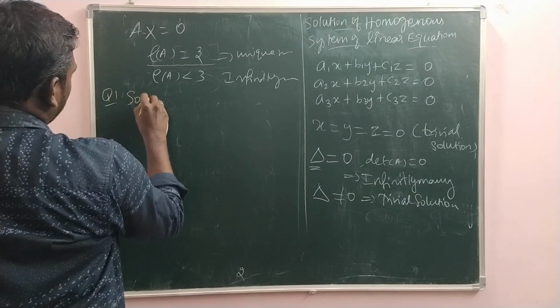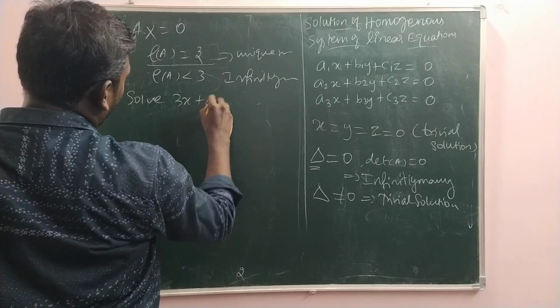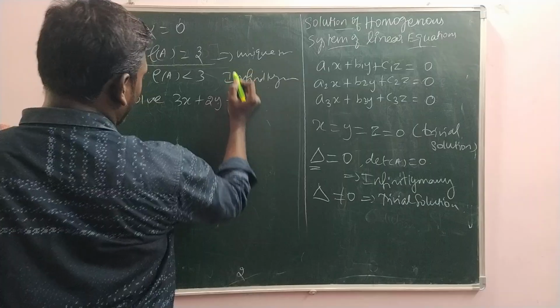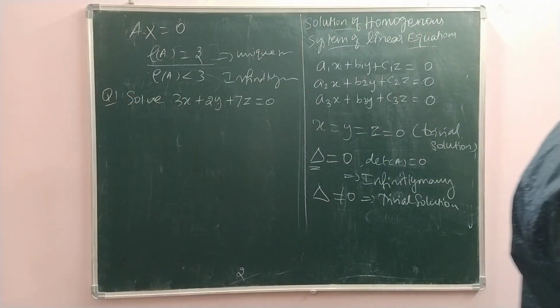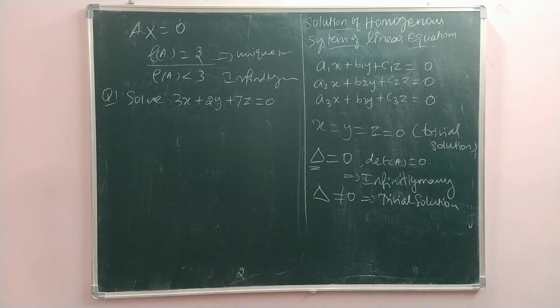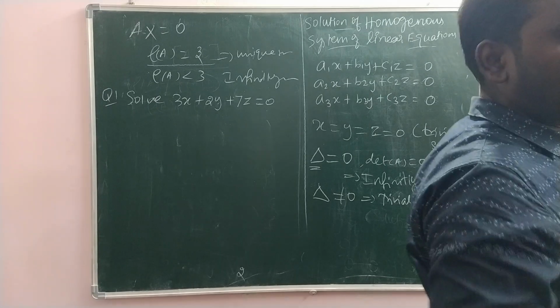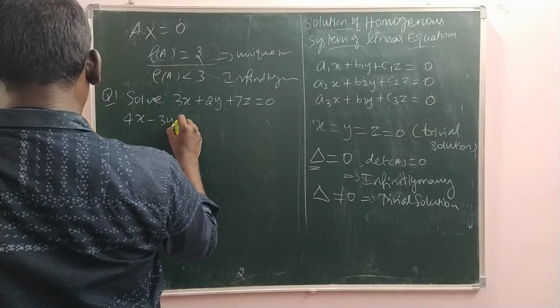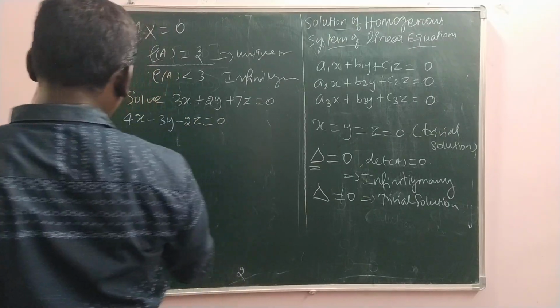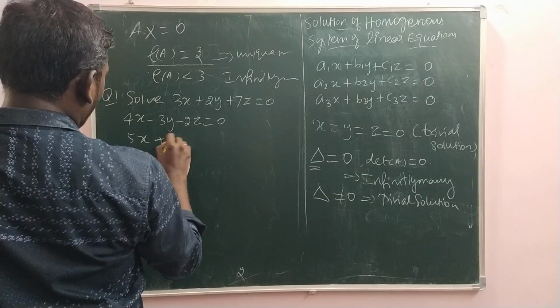Question number 1. Solve 3x plus 2y plus 7z equals 0, x minus 3y minus 2z equals 0, and 5x plus 9y plus 23z equals 0.